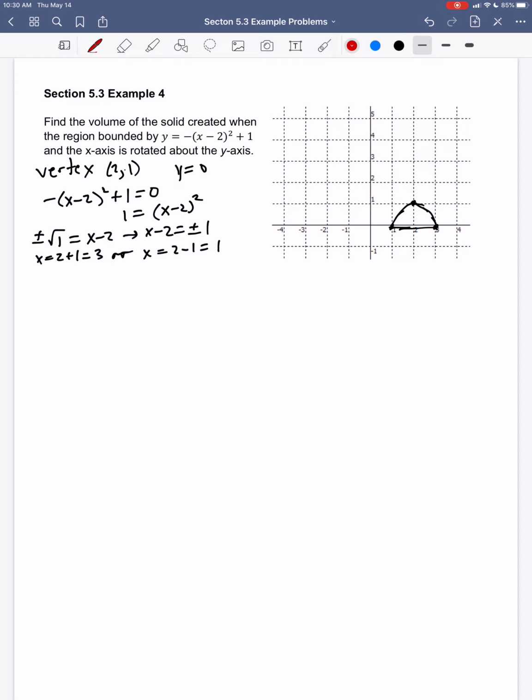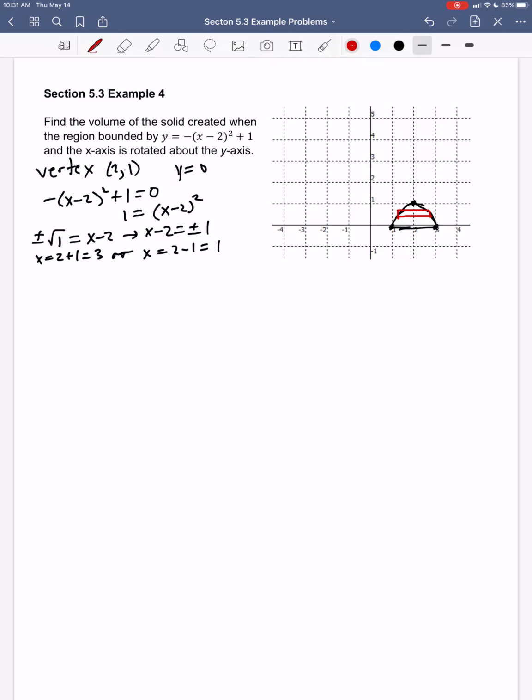Well, I need to decide whether I want to do shells or whether I want to do discs or washers. Well, no, not really. If you try to do horizontal here, you'd have to be going like this, but now the left and the right endpoints of that rectangle are both on the same function.